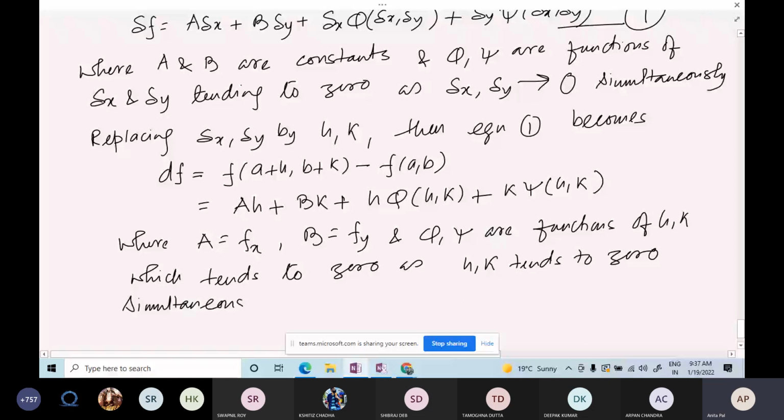So this is actually the definition of differentiability of a function of two variables.